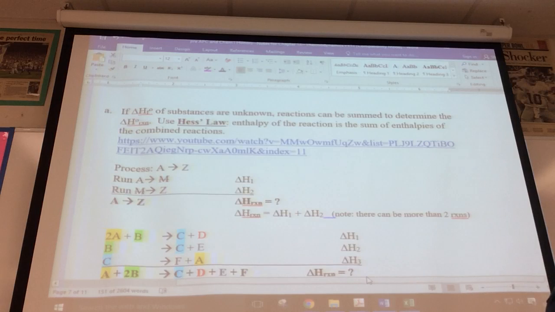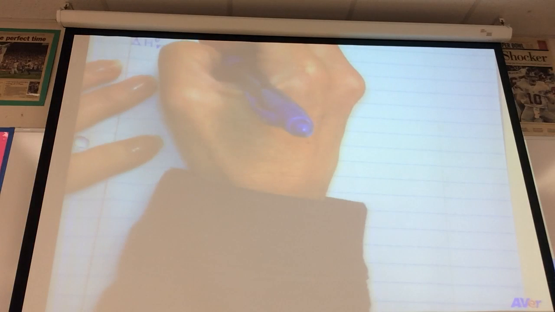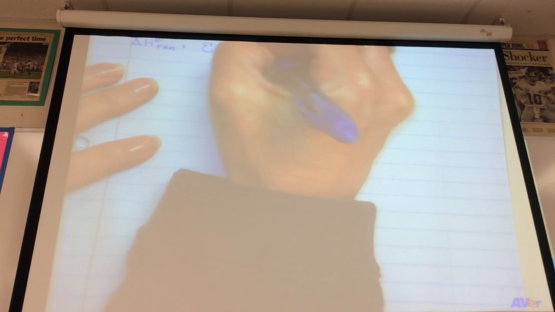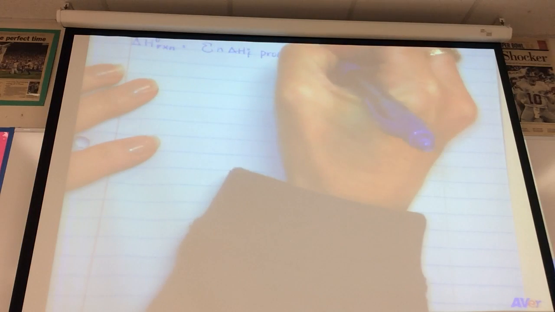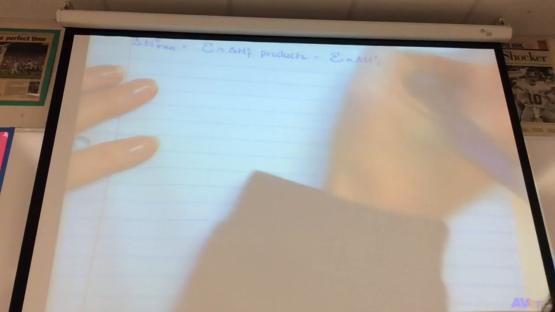Previously, we were able to calculate the change in enthalpy of a reaction by doing the following. We said that the delta H for a reaction is equal to the sum of the delta H's of formation of products minus the sum of the delta H's of formation of the reactants.